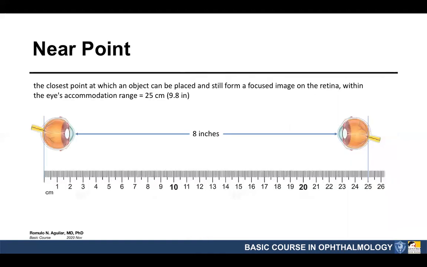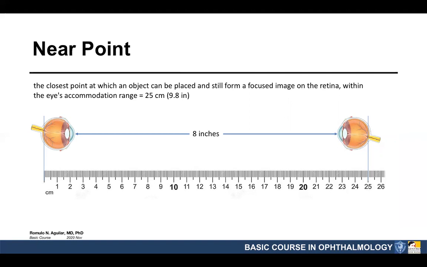Now on this, let me bring up the concept of near point. So the near point is defined as the closest point at which an object can be placed and still form a focused image on the retina. This is about 25 centimeters or 9.8 inches.